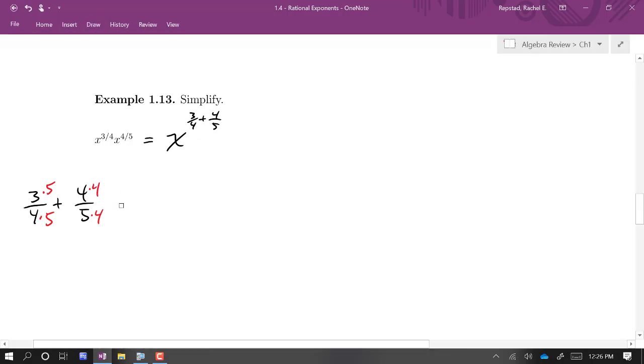That common denominator is 20. And then we have 15 plus 16, which is 31 over 20. So this is x to the 31 over 20 power.